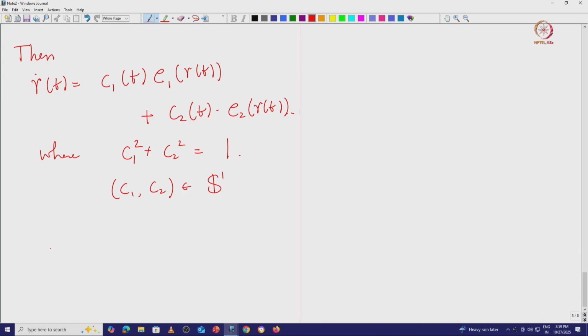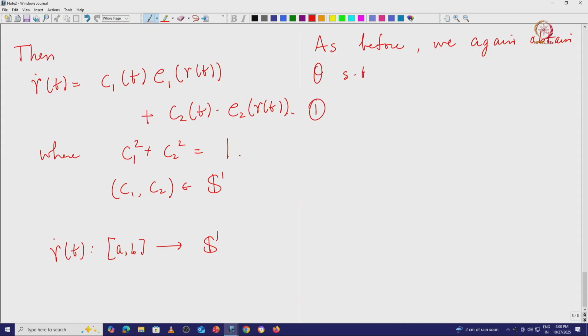So using this basis E1 and E2, I again get a map given by the velocity vector. This is again a map from the interval a to b to S1, and I can again do this covering space trick. So, as before, we again obtain a theta such that the following things hold.